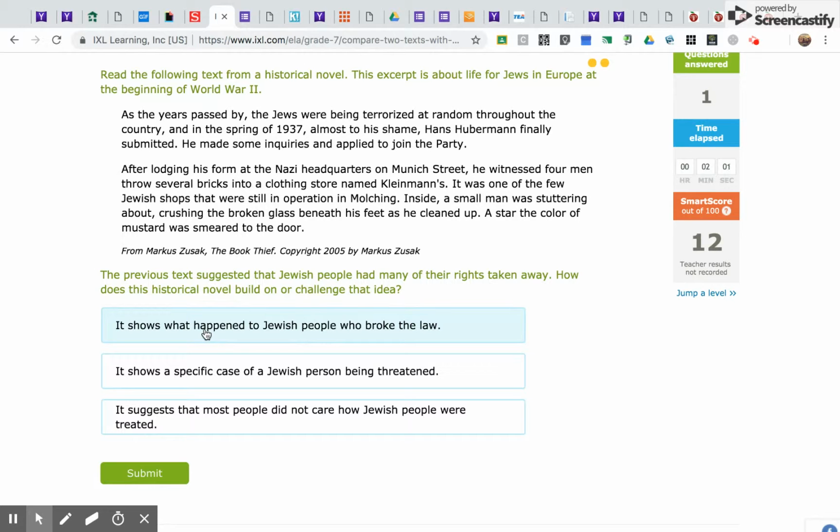Okay. It shows what happened to Jewish people who broke the law. It shows a specific case of a Jewish person being threatened, or it suggests that most people did not care about how Jewish people were treated. He threw several bricks into a clothing store. It was one of the few Jewish shops that were still on.